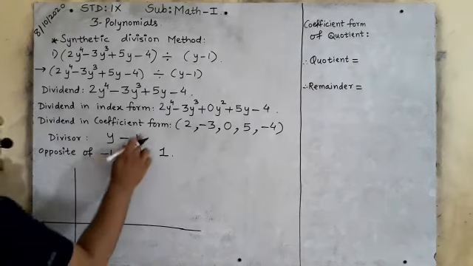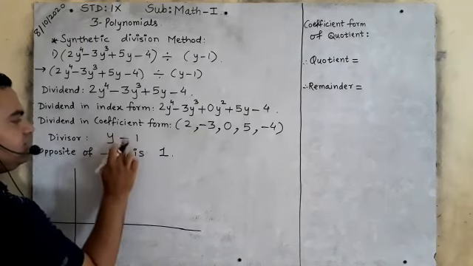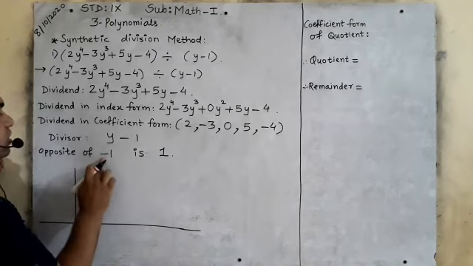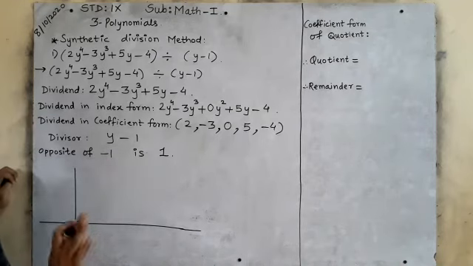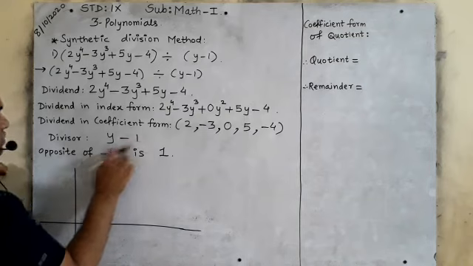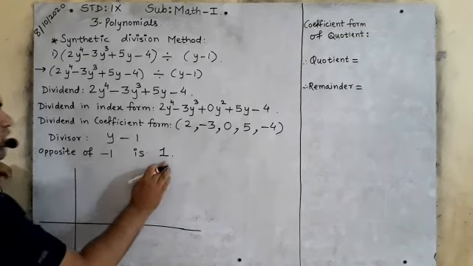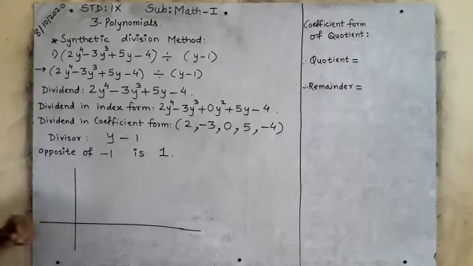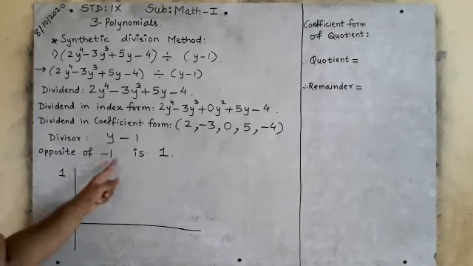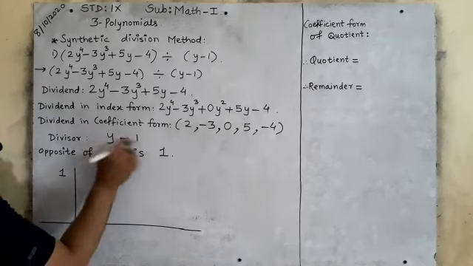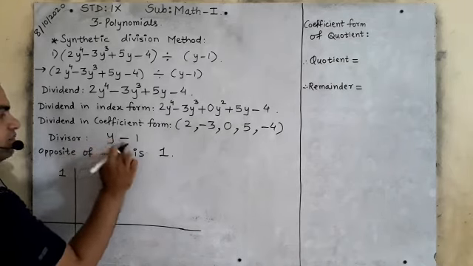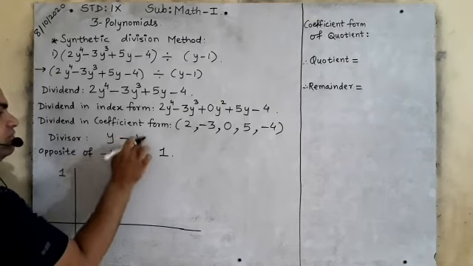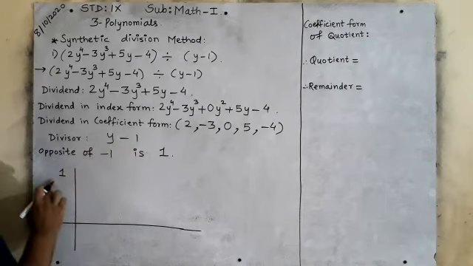If it is plus 1, we will write the opposite, minus 1. So whatever the opposite of the term with the variable in the divisor is, you will write it here.